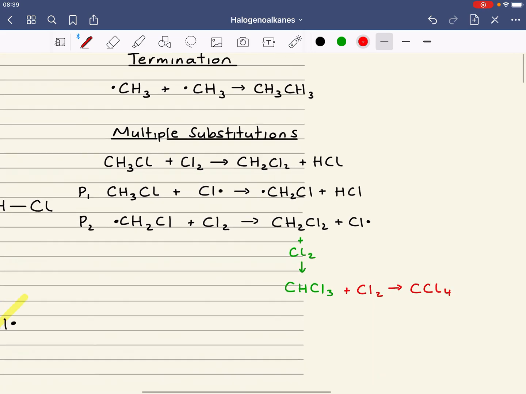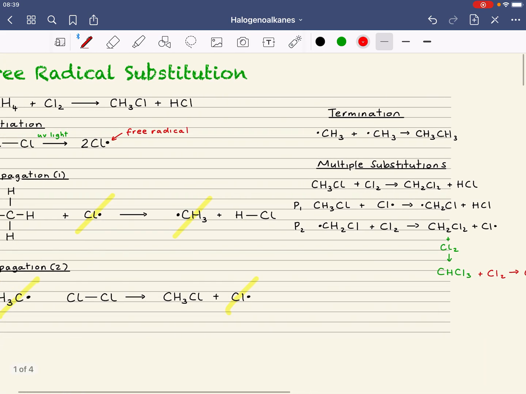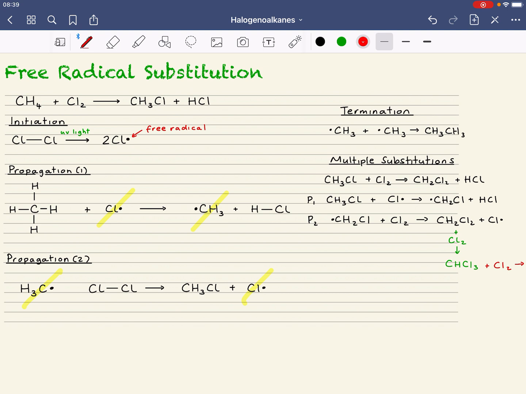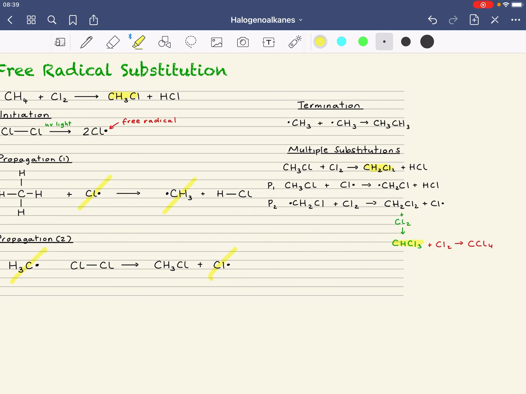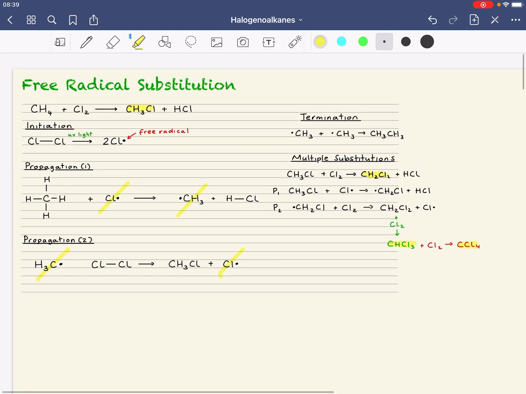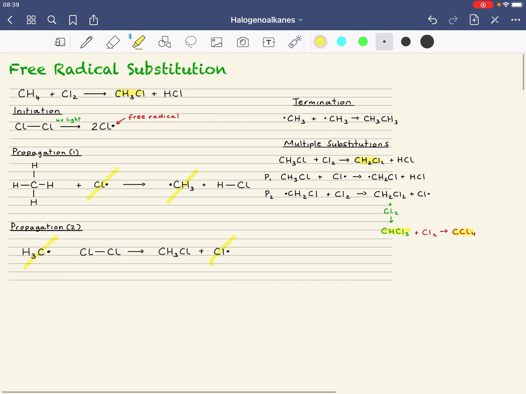So in these reactions of methane and chlorine, potentially what we could form is chloromethane, dichloromethane, trichloromethane, or tetrachloromethane because of these multiple substitutions. And that is an outline to free radical substitution.